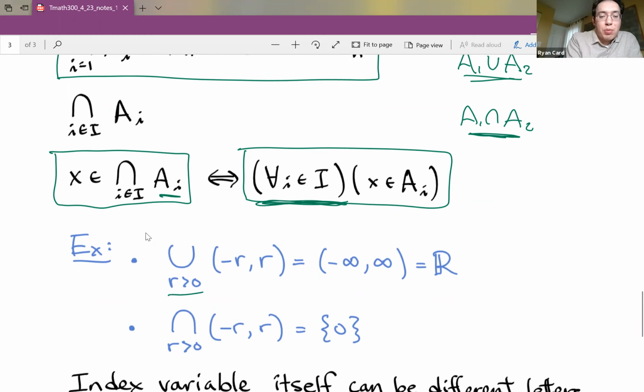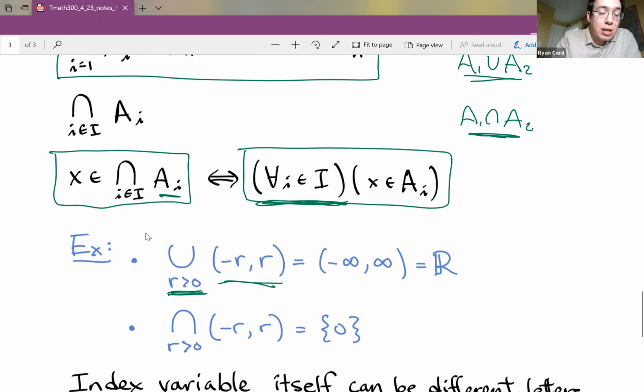So suppose we take a union over all positive r greater than 0 of all the intervals from negative r to r. This is a union, so you belong to this set as long as you're contained in one of the intervals from negative r to r. Well, r could be very big, right?